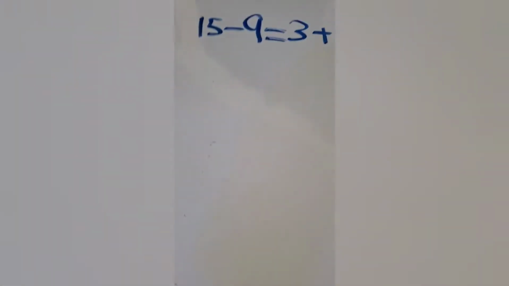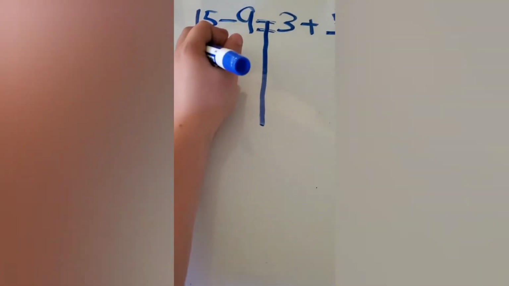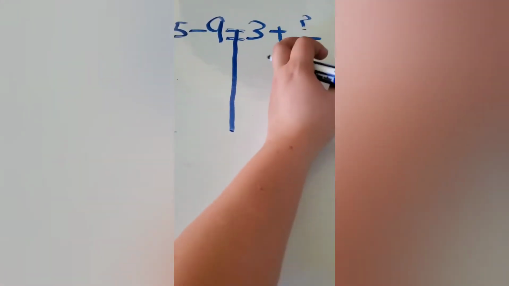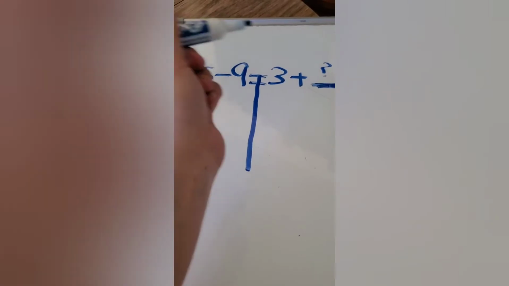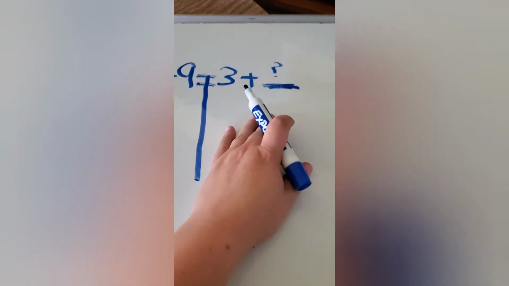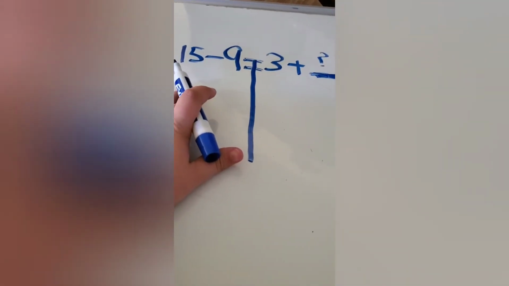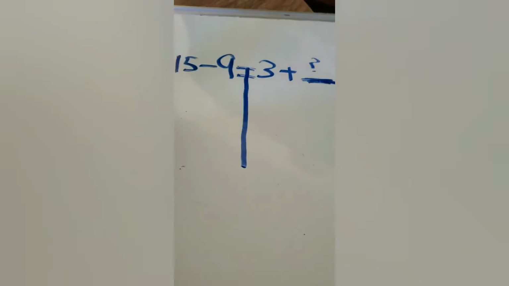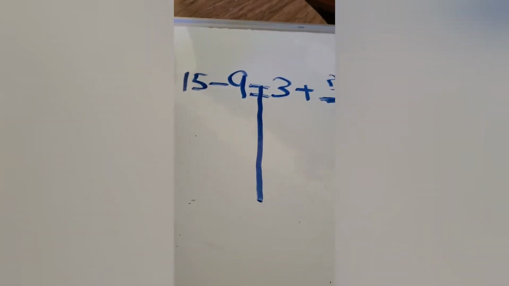So, I'm going to draw a little line down below like this, so that way I know that this side has to equal the same as this side, okay? So, we are trying to figure out what this number is, so I'm not going to start on this side. I'm going to start on this side to try to balance out the other side, to figure out what that number is so I can balance it out, okay?